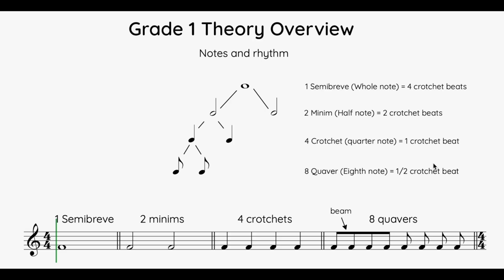So the crotchet in our modern times has become the default single value note. It doesn't have to be. You can have crotchet beats if you want. You can have minim beats if you want. You can have semibreve beats. But the crotchet is so common.